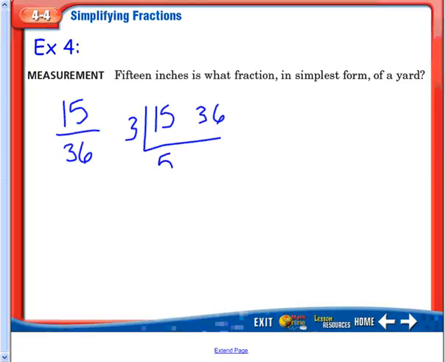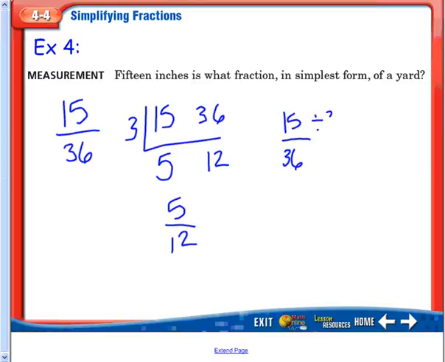Here's my L bracket. I know that 3 goes into 15, and it looks like 3 will be able to go into 36 as well. 3 goes into 15 5 times. 3 goes into 36 12 times. So not only do I know that my greatest common factor is 3, but I know that 15 will simplify to be 5, and 36 will simplify to be 12. So my fraction in simplest form is 5/12.